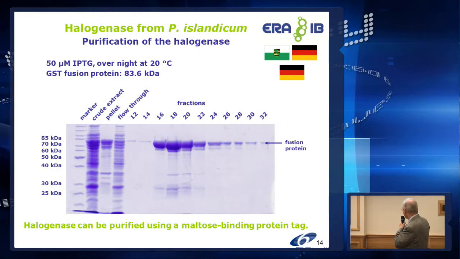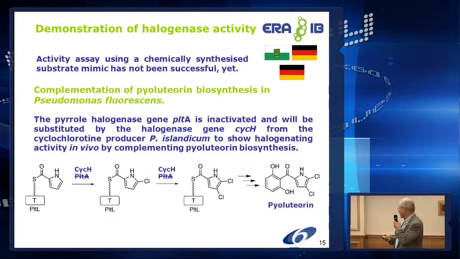We could purify the enzyme, but the problem with showing activity is that we need, of course, the peptidyl carrier protein bound substrate. And since we could not show activity using a chemically synthesized mimic, we decided to do a complementation experiment, because we have a mutant in our hands which has the halogenase deleted and which also works with the same system.